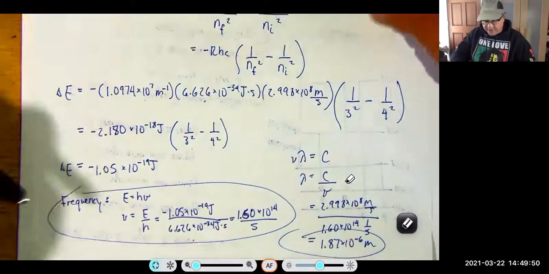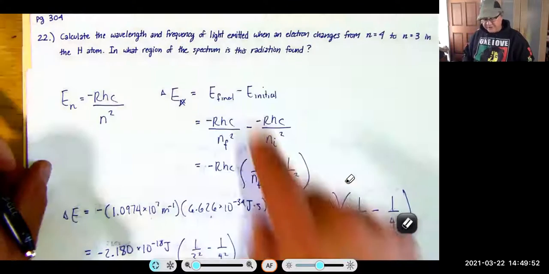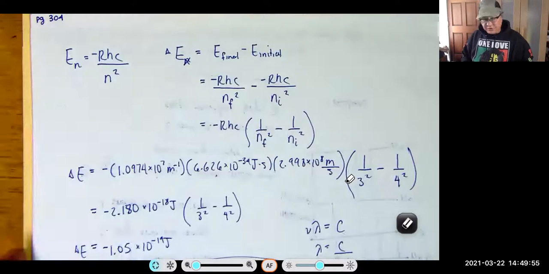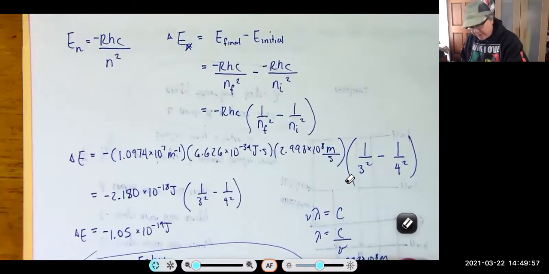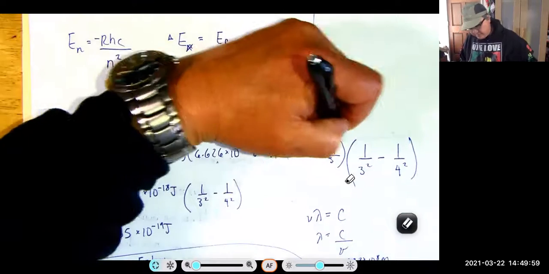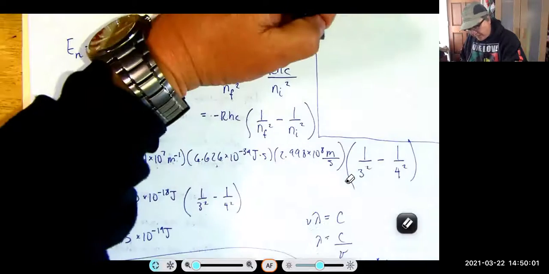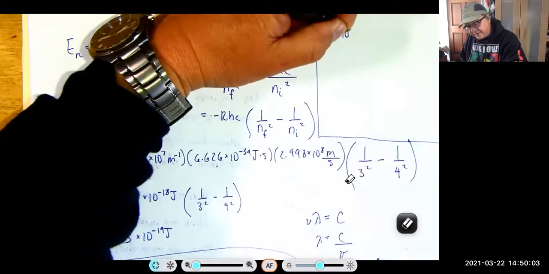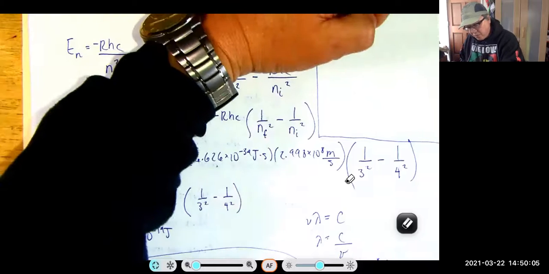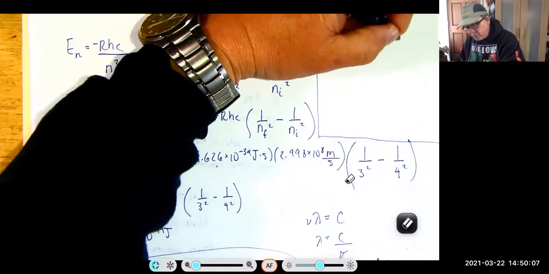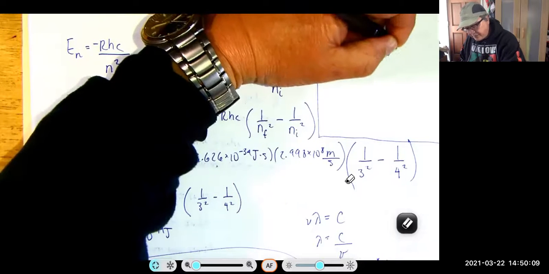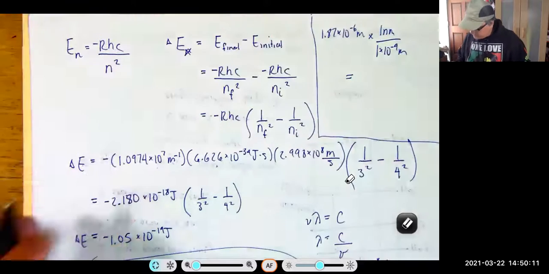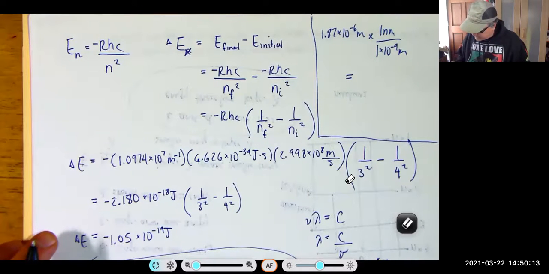The other thing we need to answer here is, what region is this found in? So let me show you how I would do this. I would take my wavelength, 1.87 times 10 to the minus 6 meters, and I'd multiply by 1 nanometer over 1 times 10 to the minus 9 meters. So divided by 1 EE negative 9.